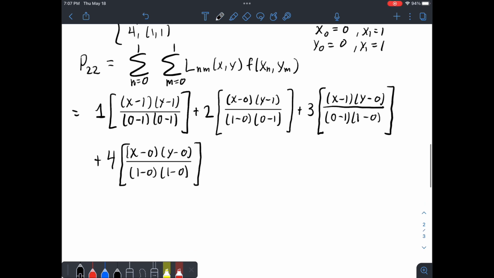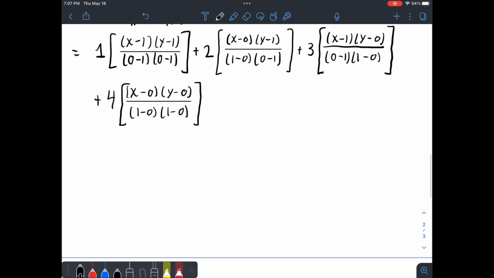I'll skip the algebra because it's kind of annoying to do because I wrote minus 0 everywhere. What it ends up coming out to is 4xy minus 2xy minus 1 minus 3 times (x minus 1)y plus (x minus 1) minus 1.